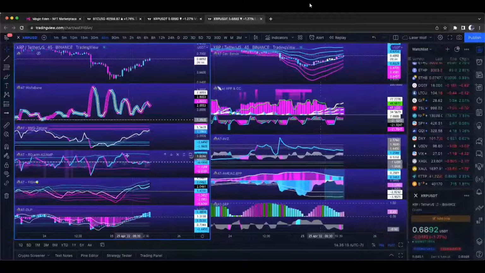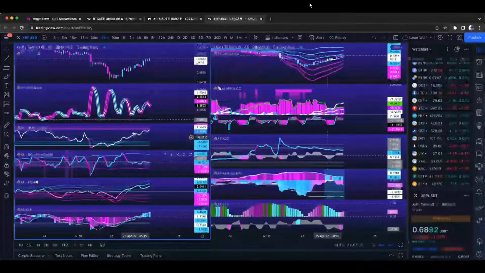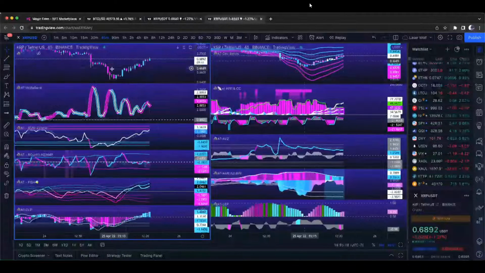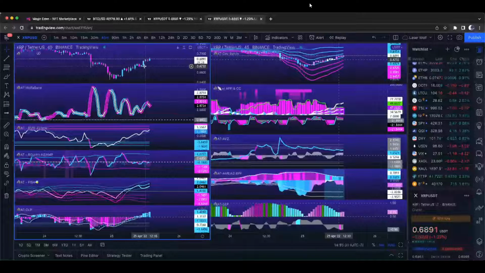One, two, three, several stabs of bear div. This thing looks like it's gonna plummet, at least down to that area. We'll see what happens.